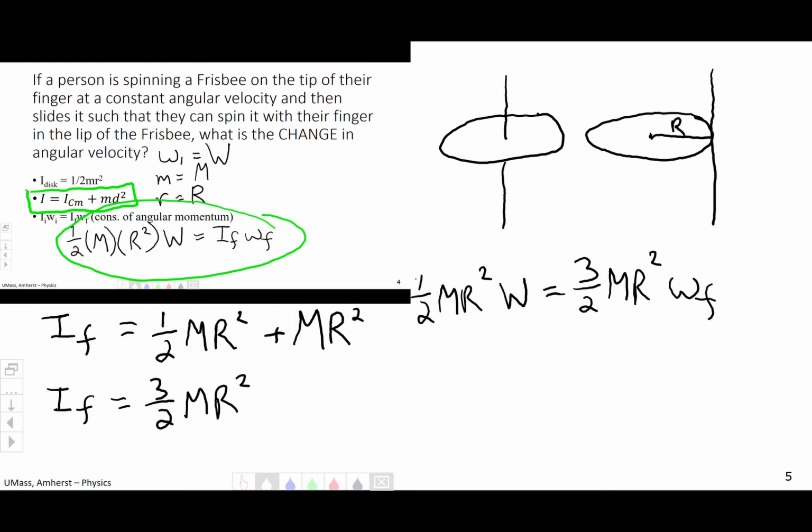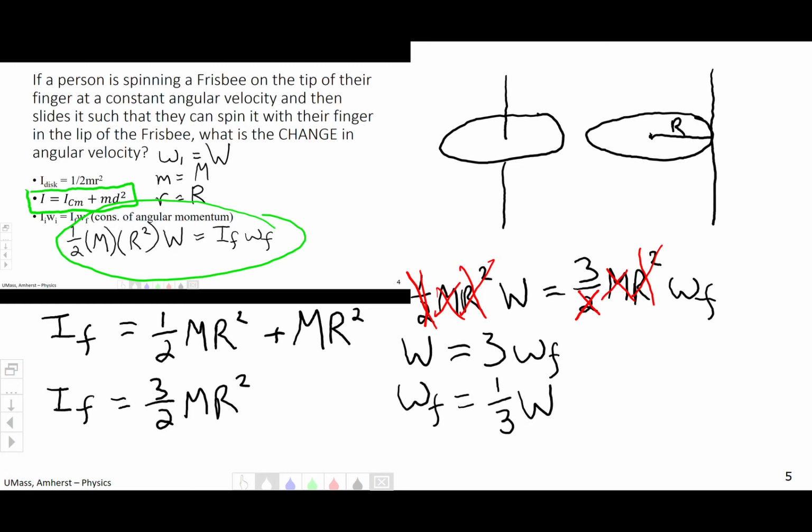It looks like we have a lot of canceling we can do. This 1/2 will cancel with this. Mass, mass, radius squared, radius squared. So we're left with W equals 3 omega final. That means omega final is 1/3 W.